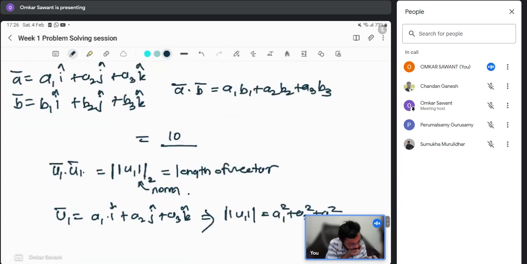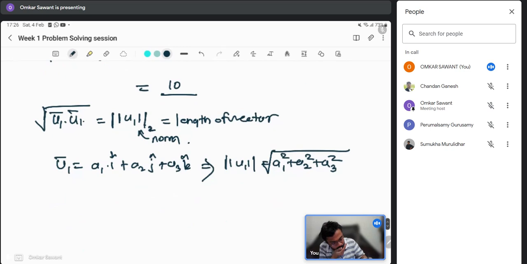So if you take the square root, that is the only difference between the length of the vector and u1 bar dot u1 bar. You are getting it, right? Yes, sir. Okay. So u1 bar dot u1 bar is what?